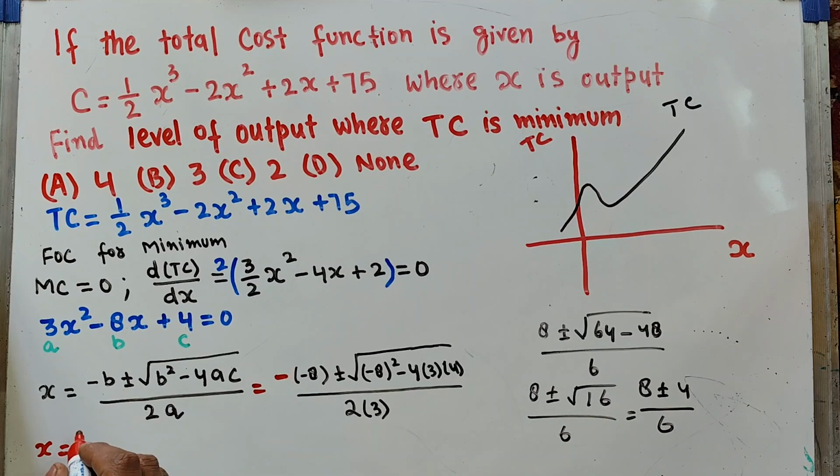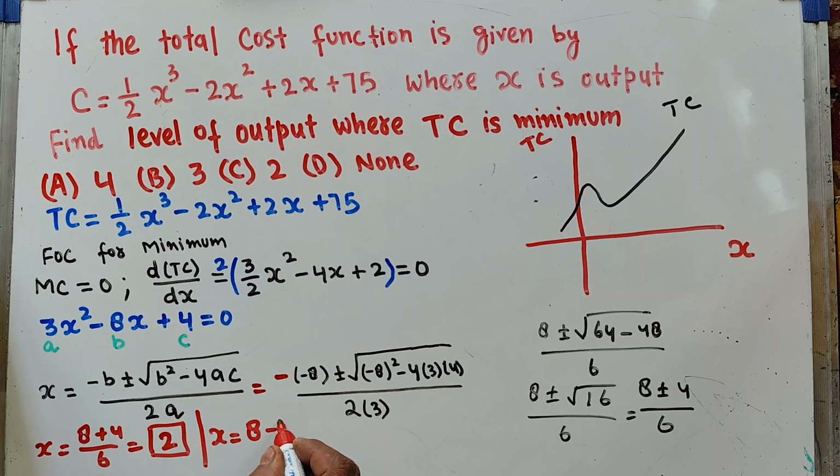So we get two values for x, that is either x is equal to 8 plus 4 divided by 6, which is 12 divided by 6, which is equal to 2. Either we get the value of x is equal to 2, or x is equal to 8 minus 4 divided by 6.